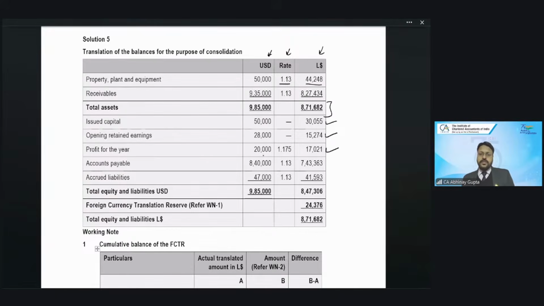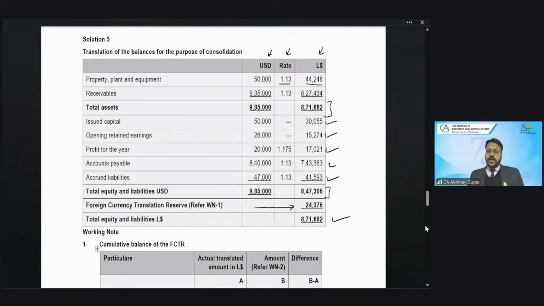So 17,021 would be the profit for the year translated. And then accounts payable at the closing rate and accrued liabilities at the closing rate, and the total of equity and liabilities, right, is 847,306, correct? Then the translation reserve we will add, and our balance sheet will tally, correct?